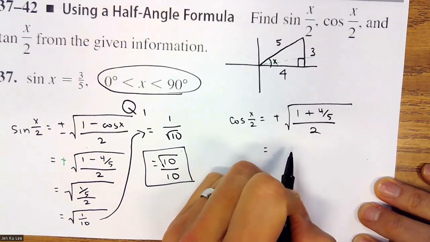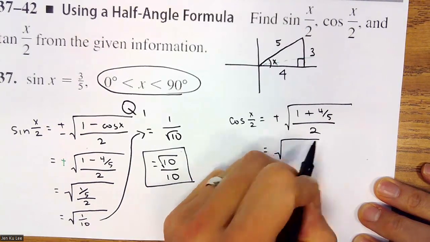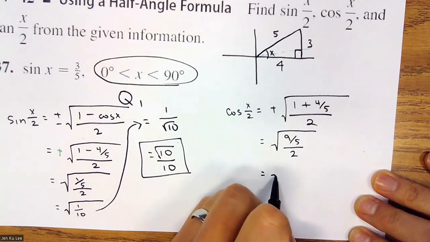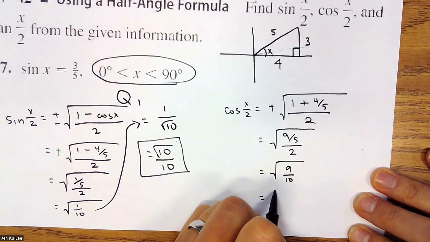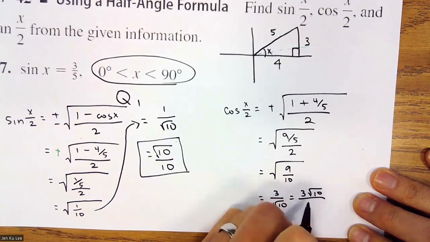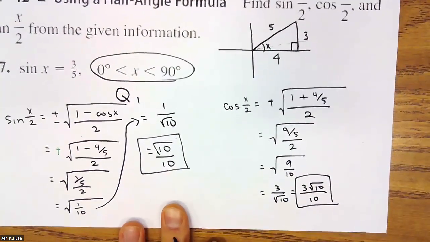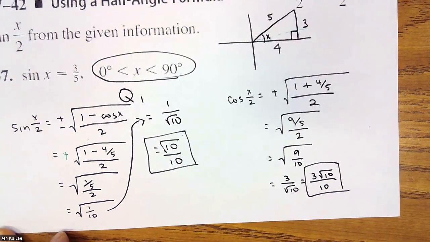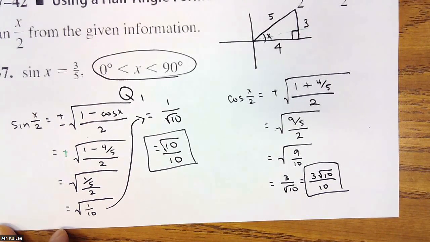So 1 plus 4/5, that would be 9/5 over 2, which is square root of 9 over 10, which is 3 over square root of 10. So that's 3 square root of 10 over 10. Okay, doing this math pretty fast because we've already had practice with all of the radicals and whatnot. Okay?